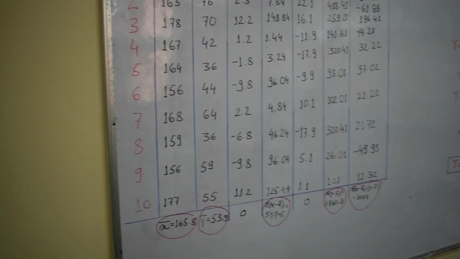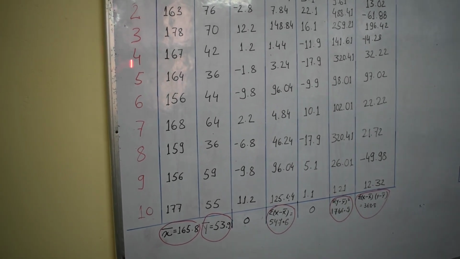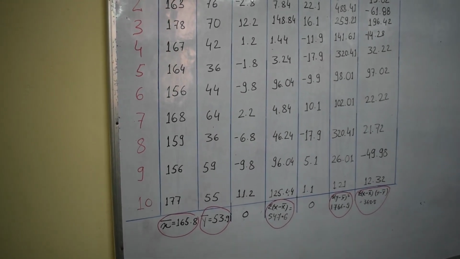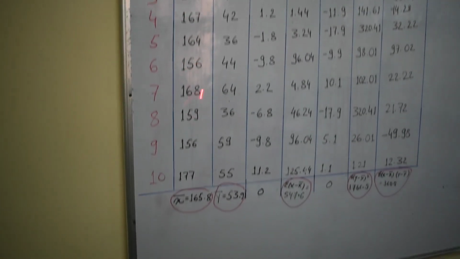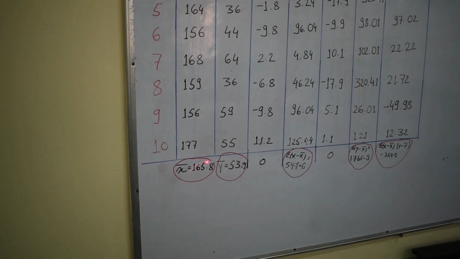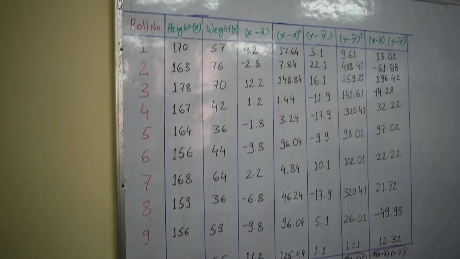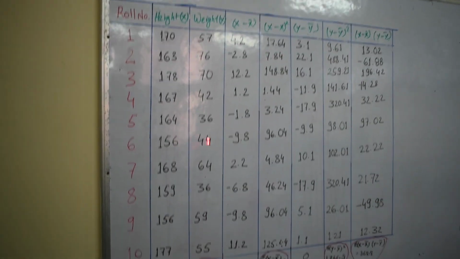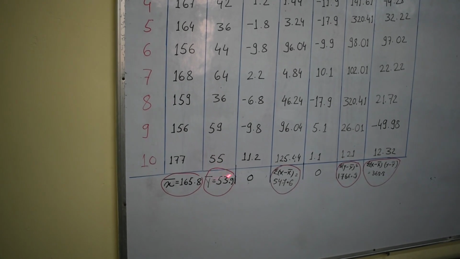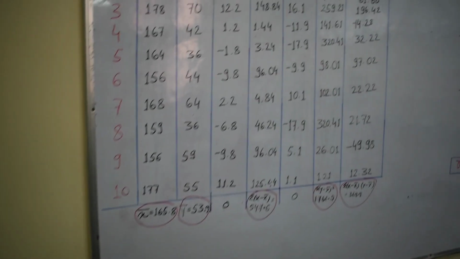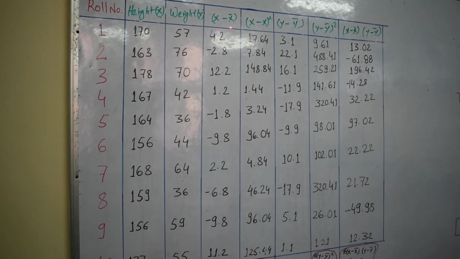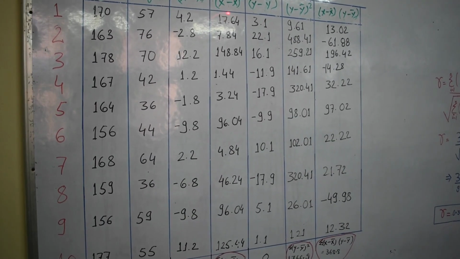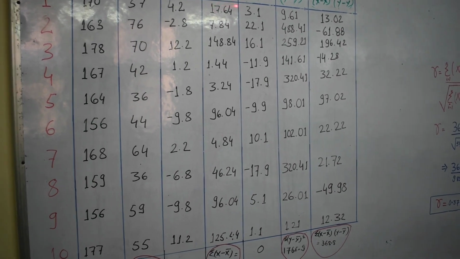Now onto the whiteboard. We have written the roll number wise student list, and we have recorded the heights of the students, and the mean value of height is 165.8. Similarly, we have recorded the weight of the students, and the mean is 53.9. These are the deviations from x, and this is the deviation from x squared.